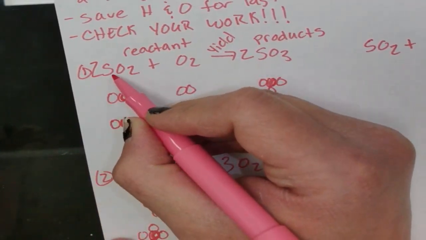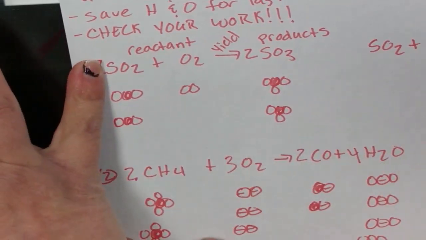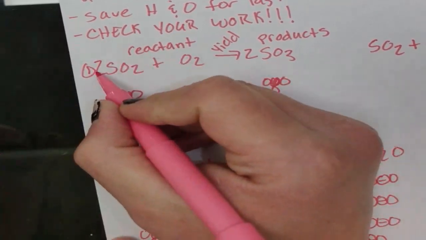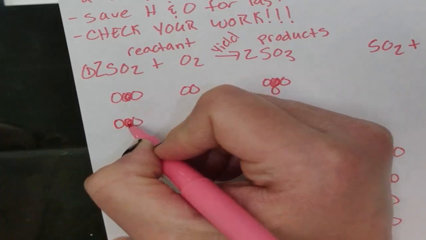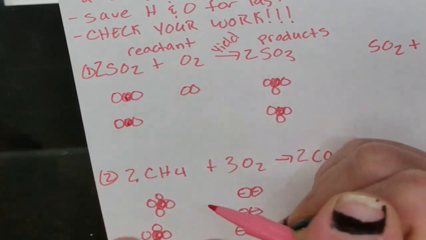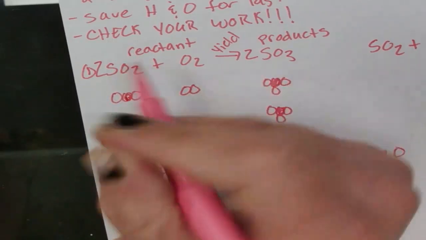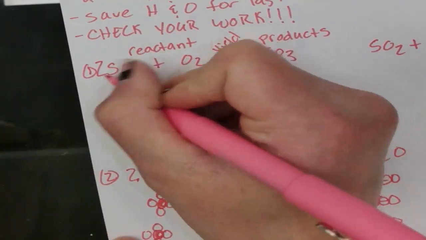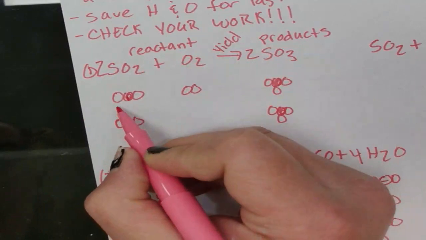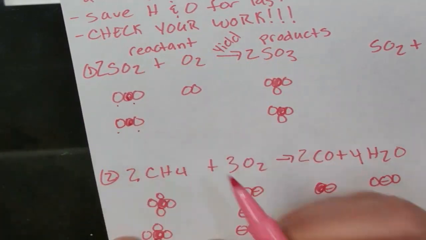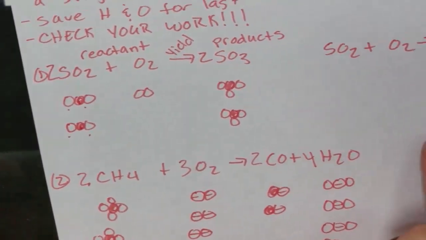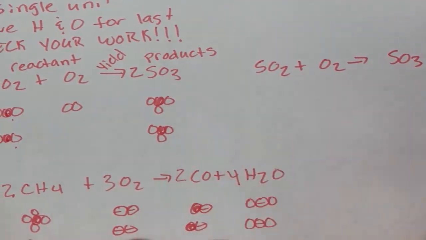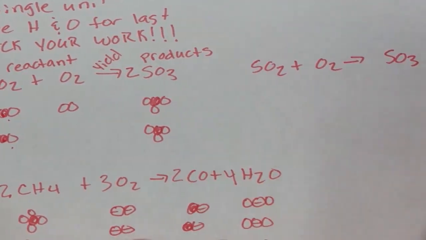I have 1 sulfur in SO2. 1 times 2 is 2 sulfurs, and we see in our particle diagram I do have 2. How many oxygens do I have in SO2? 2. 2 times 2 is 4, and we see my particle diagram does have 1, 2, 3, 4 oxygens. So the coefficient goes to the entire thing.